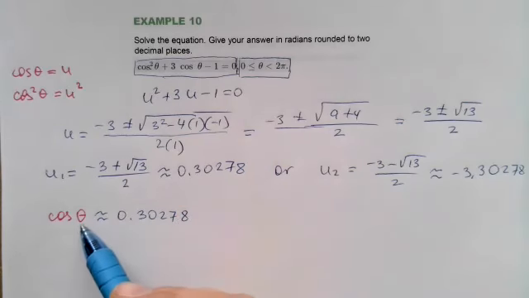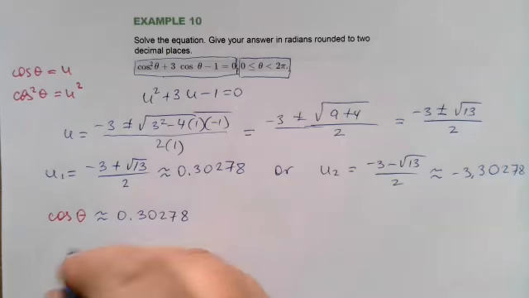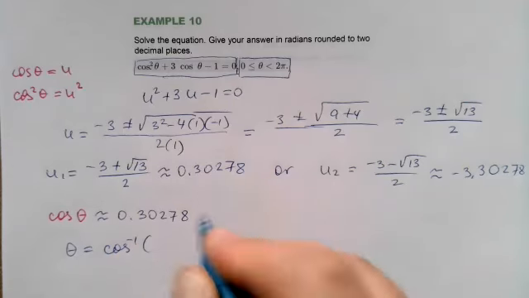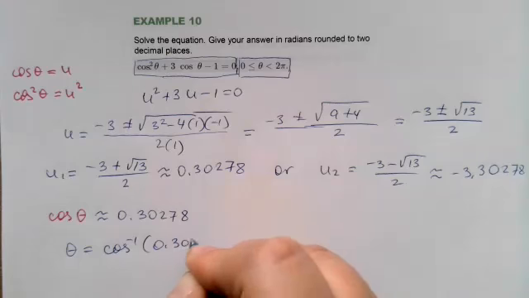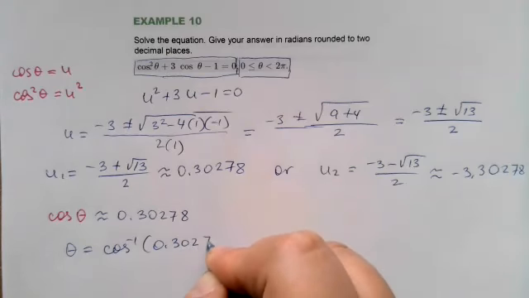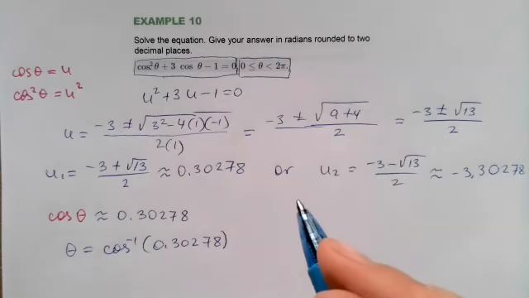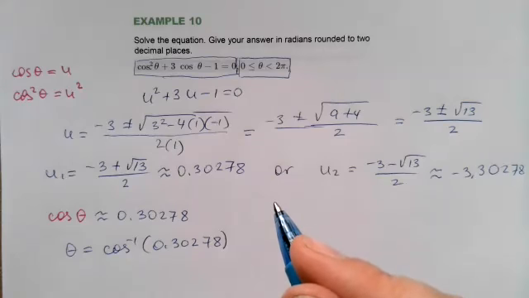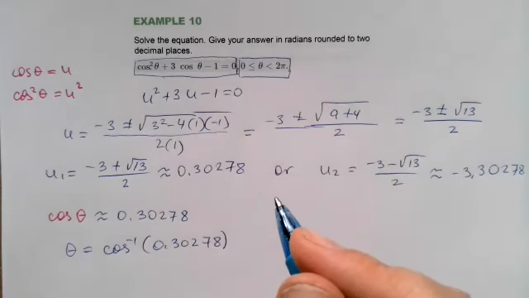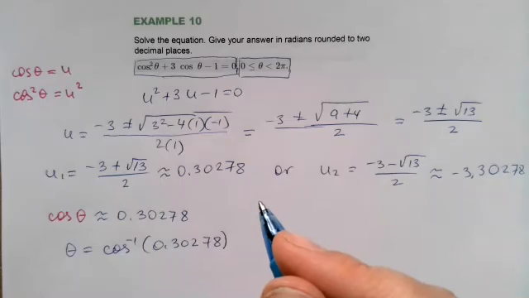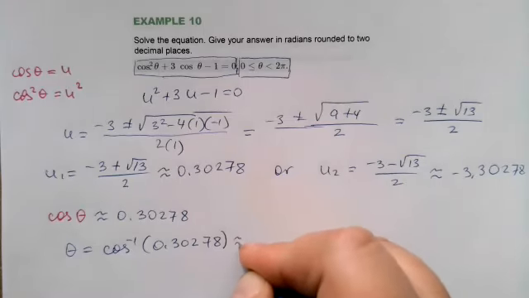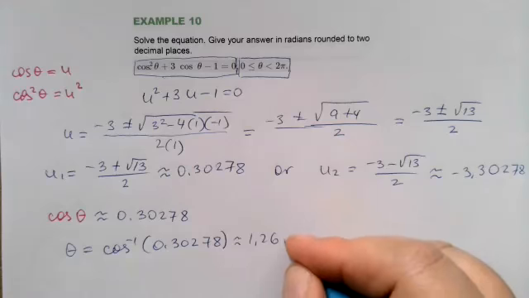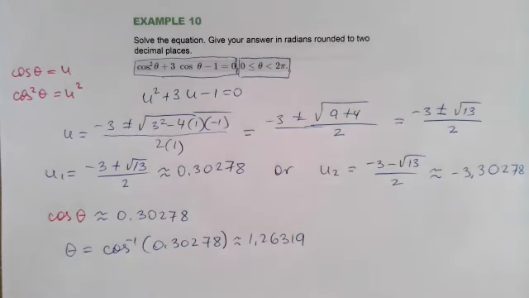So in order to find theta, we need to do the inverse cosine, which will give us approximately 1.26319.